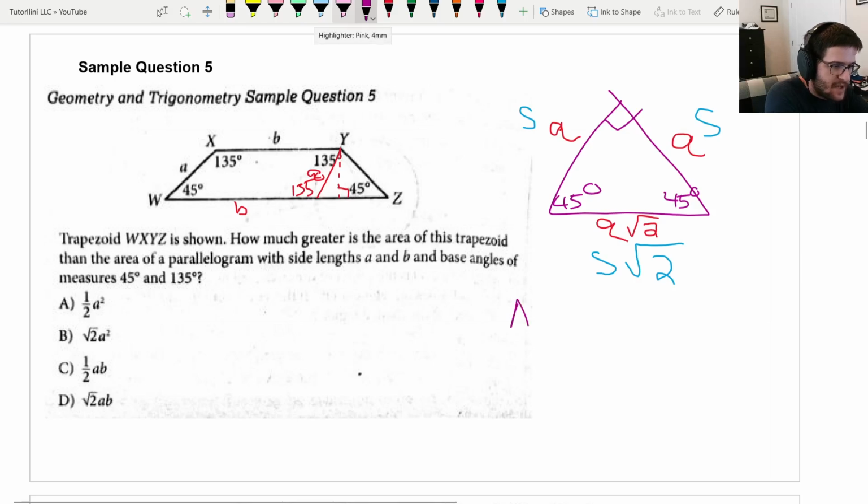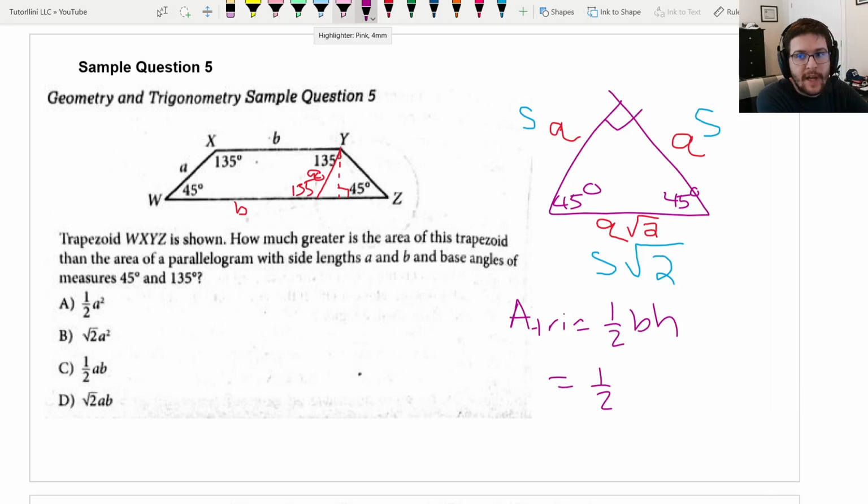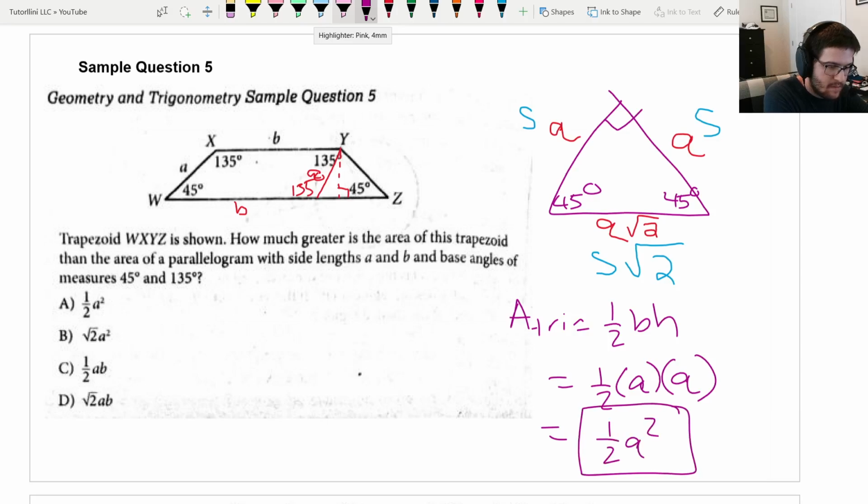So the area of any triangle is 1/2 base times height. And for a right triangle, the base and the height are just the two legs. So the two legs here are both A. So we should get 1/2 A squared, and let's see, that is correct.